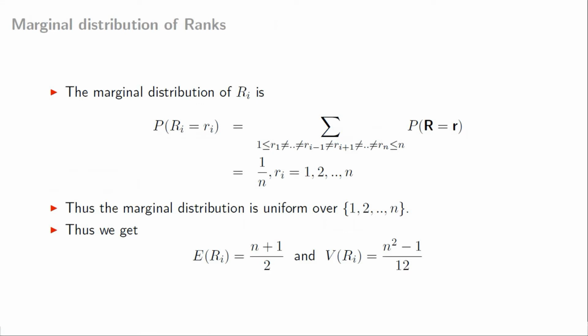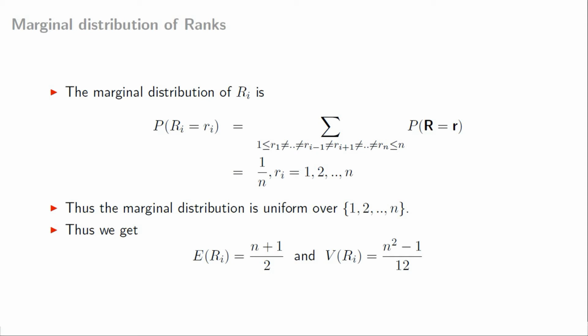Now, next we shall obtain the marginal distribution of ranks. By definition, the marginal distribution of rank, say Ri, is the probability Ri equal to small ri, which is nothing but the summation over the joint distribution for every possible realization of the rank vector except Ri.